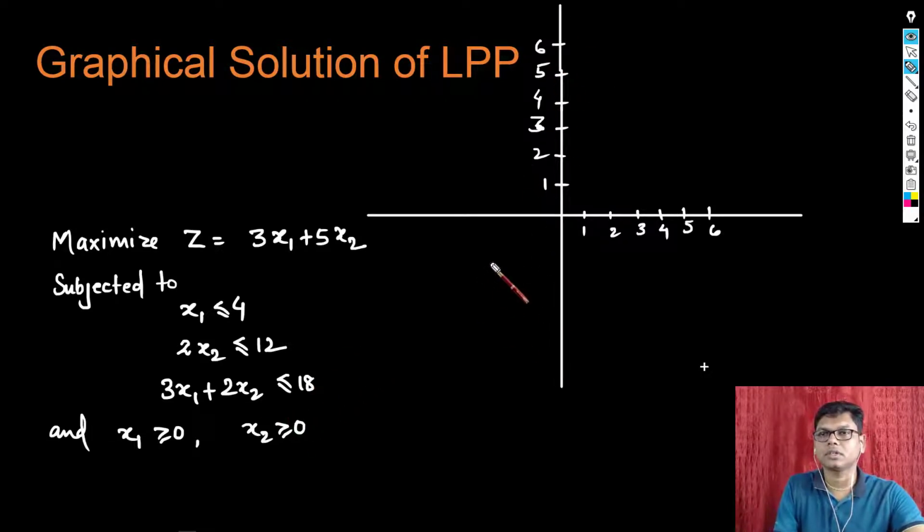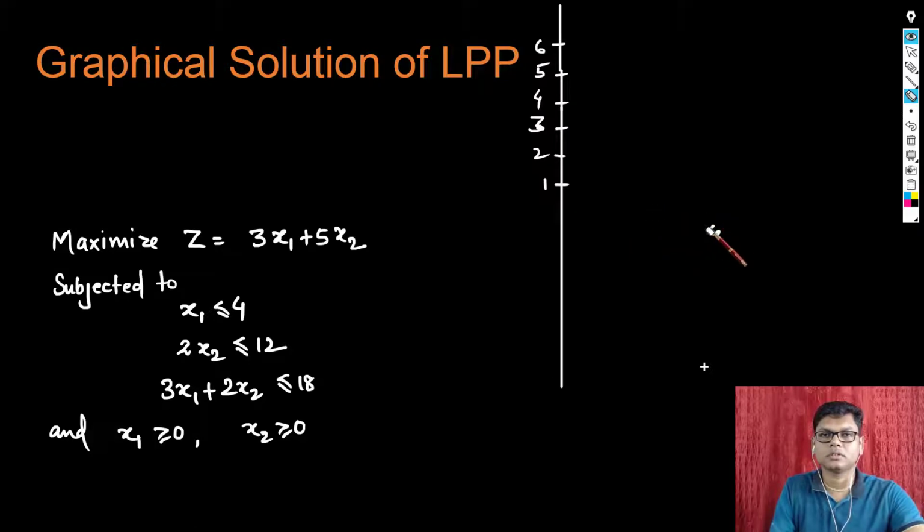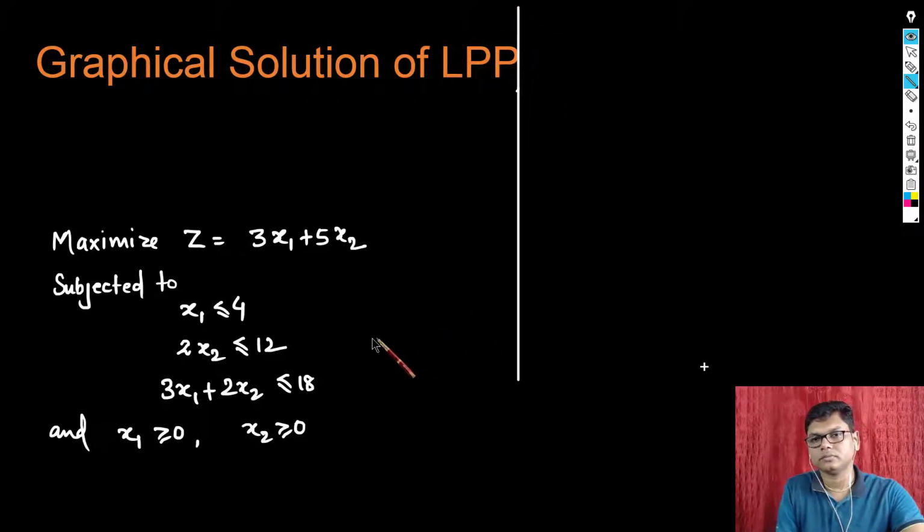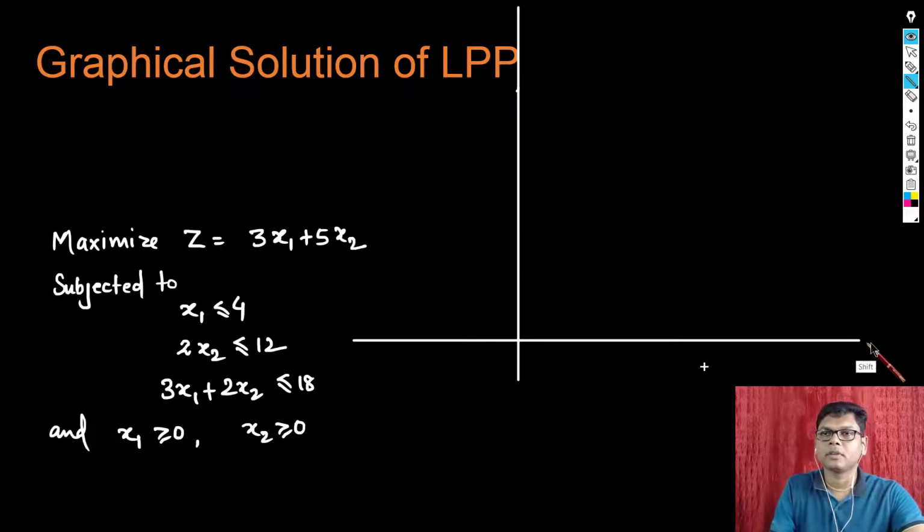Wait a minute, let me remove all this because it is not possible to draw. Up to 9 we have to go now. Okay, now this is 1, this is 2, 3.